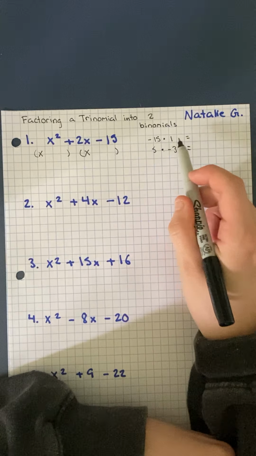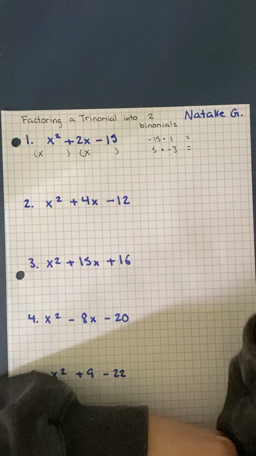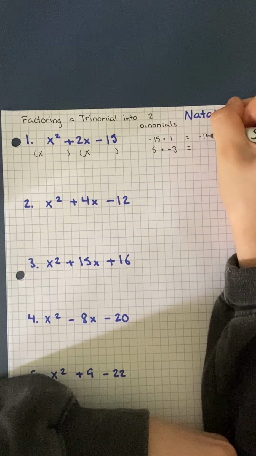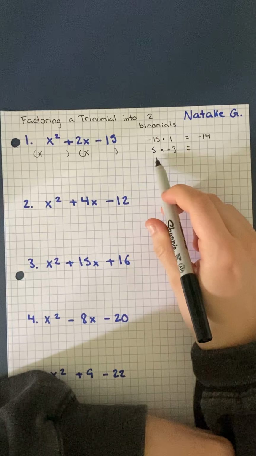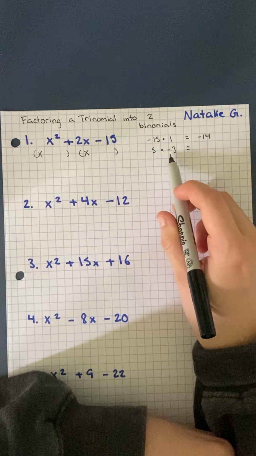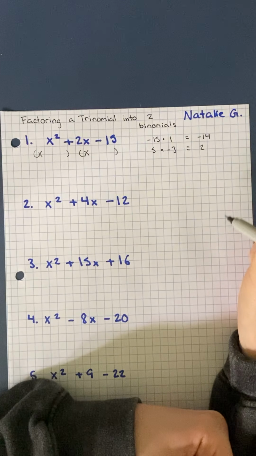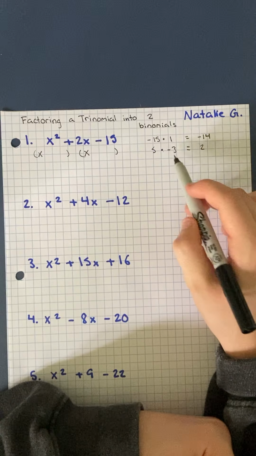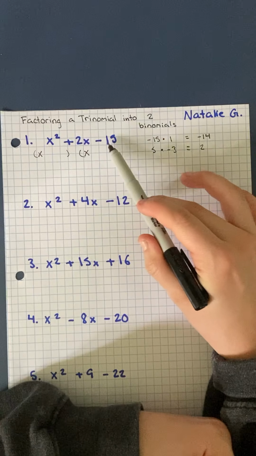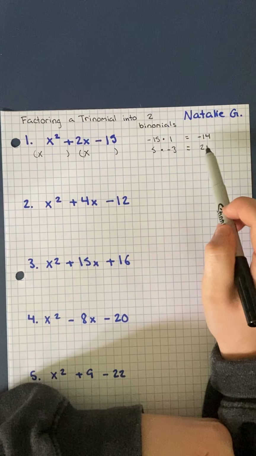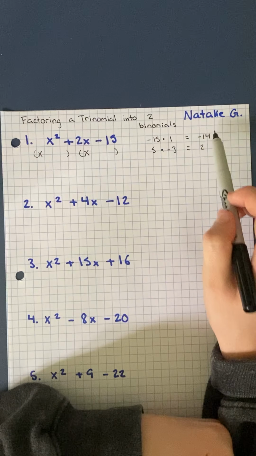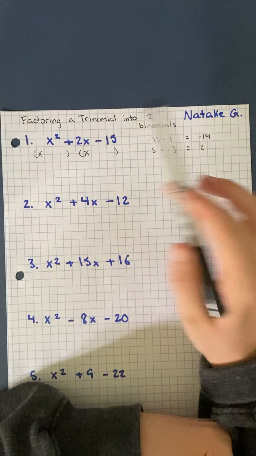So the sum of negative 15 plus 1 is negative 14, and the sum of 5 minus 3 is 2. After looking for each of the ways we could get this number, we calculate the sums of both of the multiplications, and we want it to equal this second term.